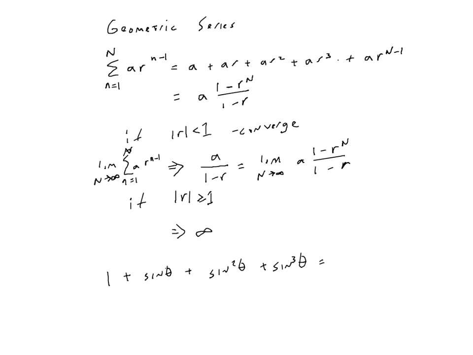Let's say we're limiting this so that sine theta is less than 1. Then this could actually converge to 1 over 1 minus sine theta. If you expand this out to an infinite number of terms, then it converges to that.